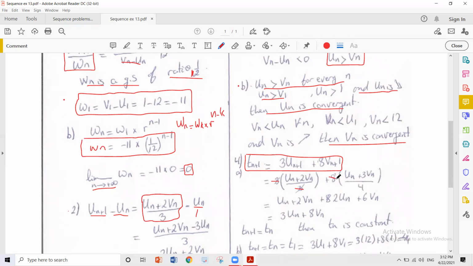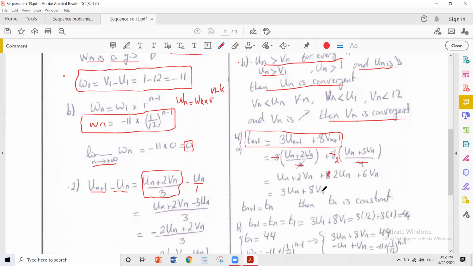I simplify, this one will become 2. So Tn plus 1 is equal to un plus 2Vn plus 2un plus 6Vn, which equals 3un plus 8Vn. So Tn plus 1 equals Tn, then Tn is constant.